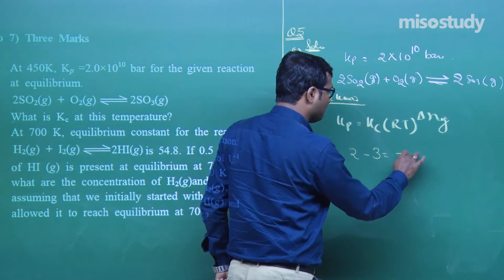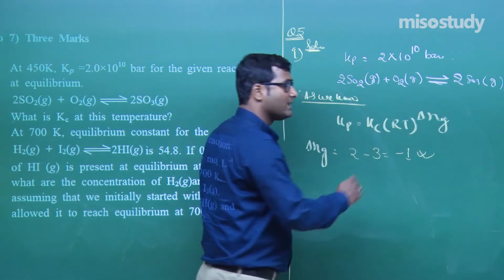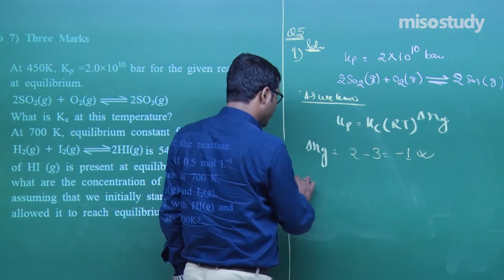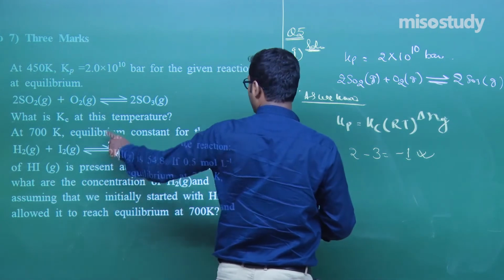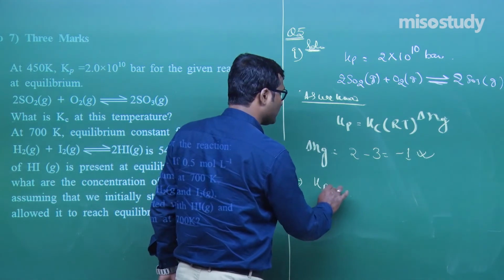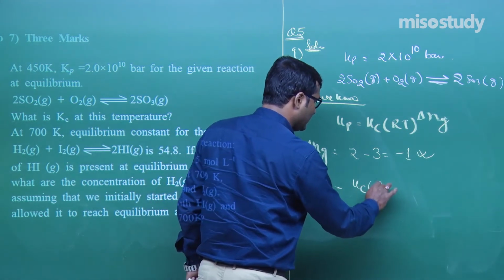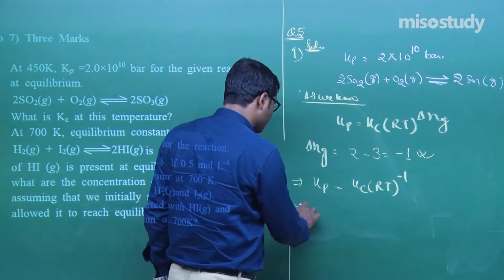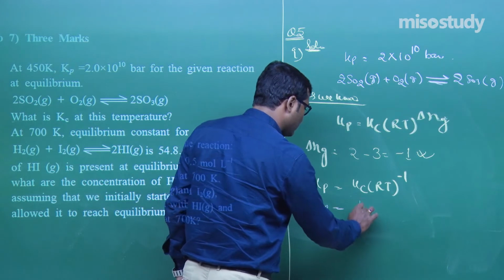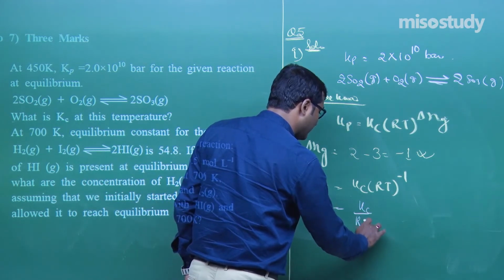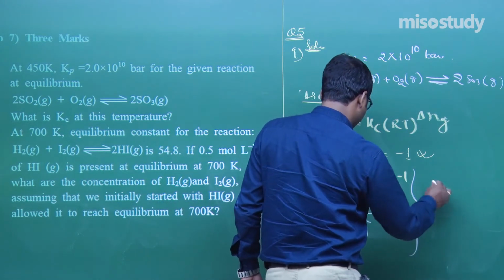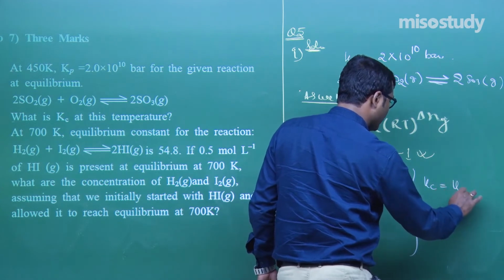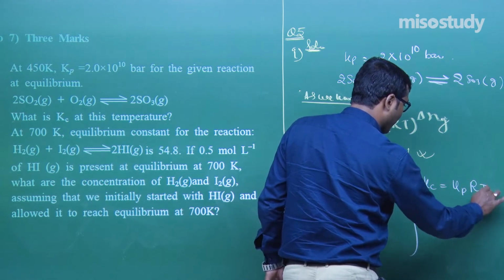That is minus 1. Am I right? Now Kp is equal to Kc (RT) to the power minus 1. That means Kp is equal to Kc upon RT, or we can say Kc is equal to Kp into RT.